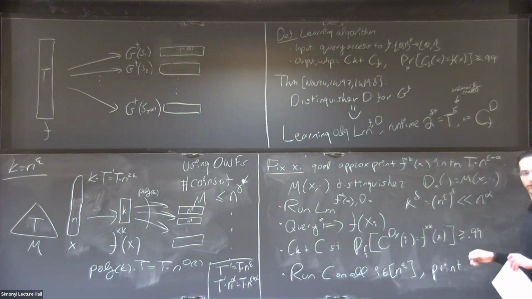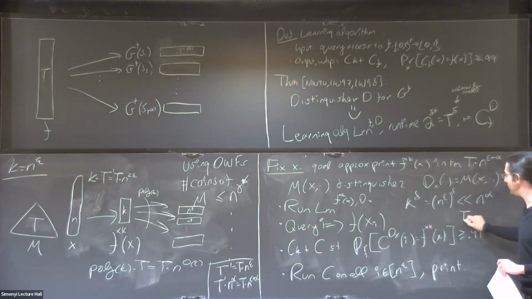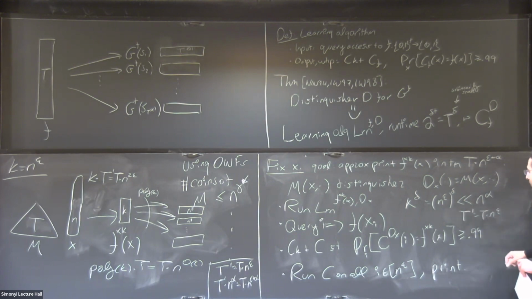Each query, we can answer in time t prime, which is t times n to the epsilon. So if you multiply these two things, n to the alpha steps, and in each step we make at most one query, we're below our target running time. Great. Now we have a circuit. The size of the circuit is at most n to the alpha, because this is the running time of the learning algorithm.